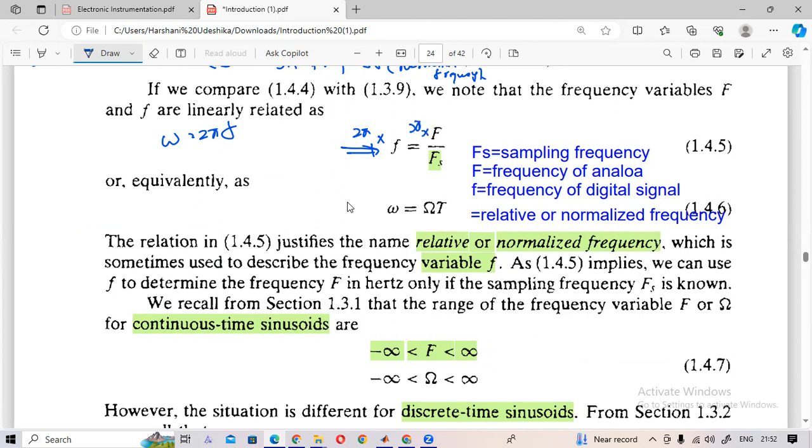So this will be the small omega, and 2πF will be the capital omega. Instead of 1 over fs, you put T here. It is the same equation, no difference. Using the two identities, omega = 2πF and T = 1 over fs, this equation is derived. So it is very clear.